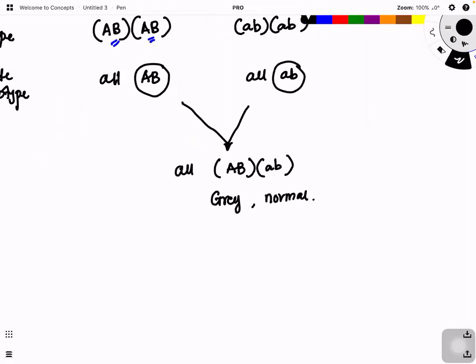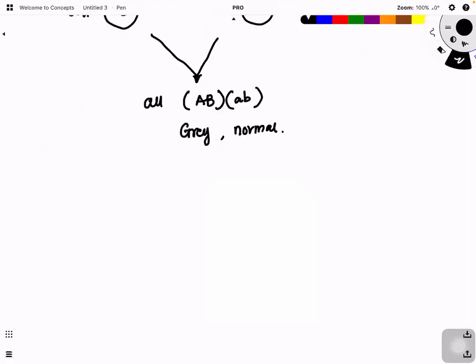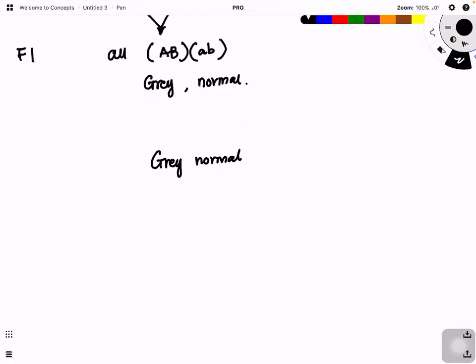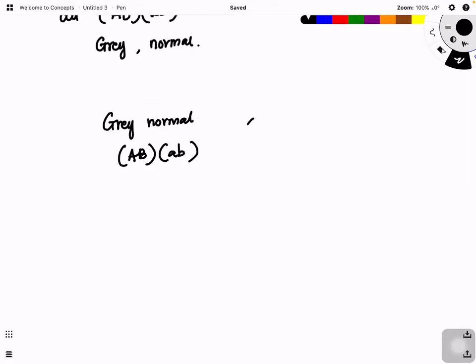So I take this gray body, normal wing, the F1, which is big A, big B, small a, small b, and cross with a black body, short wing.